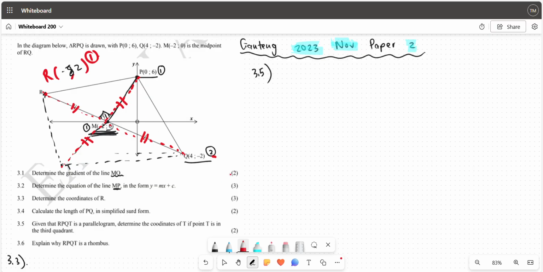So what is the implication of all of that? It actually means that the M here will therefore be the midpoint of P and T. I hope you're hearing that. It will therefore mean that the M there is the midpoint of P and T, just as the M is the midpoint of R and Q. So how do we find the T?